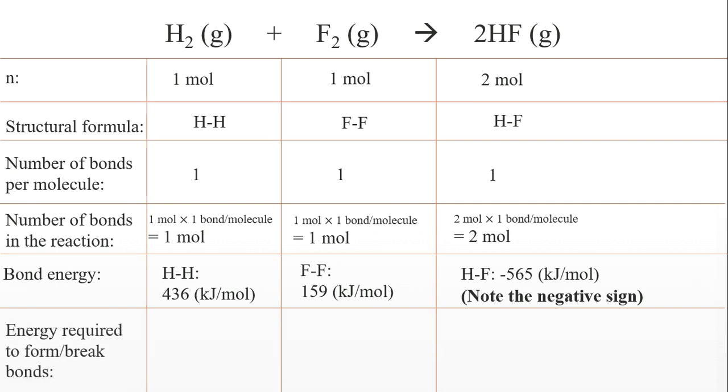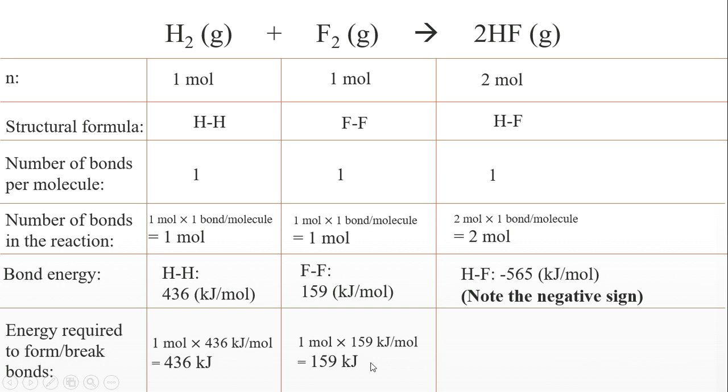And then we can easily calculate the energy required to form or break bonds within this chemical reaction. We take the number of moles of bonds and multiply by the energy per mole of bonds. So we take these two, multiply them with each other, and we get 436 kilojoules for the H-H bonds. This is the total because we only have 1 mole.